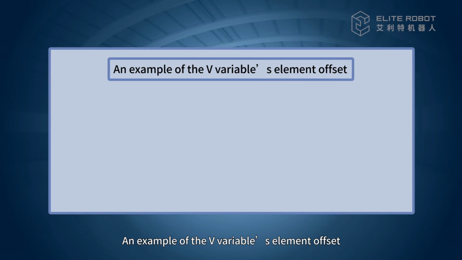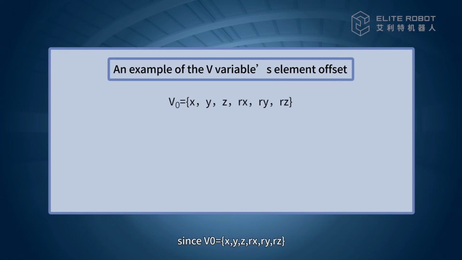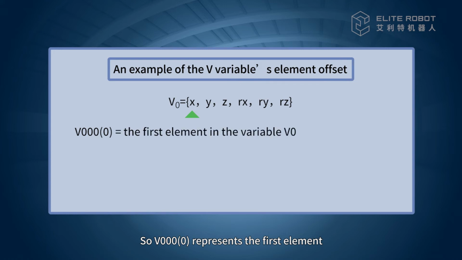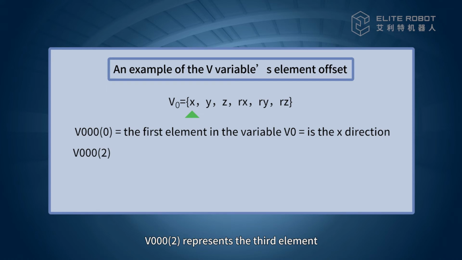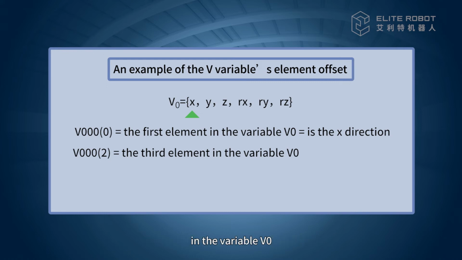An example of the v-variable's element offset. Since v0 is x, y, z, rx, ry, rz, the index of the array starts from 0. So v000 parentheses 0 parenthesis represents the first element in the variable v0, which is the x direction. v000 parentheses 2 parentheses represents the third element in the variable v0, which is the z direction.